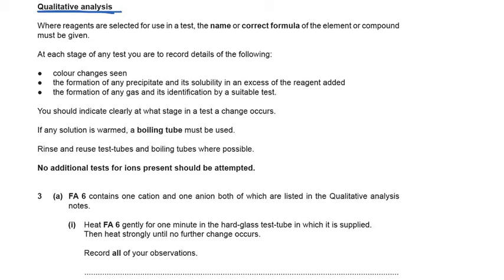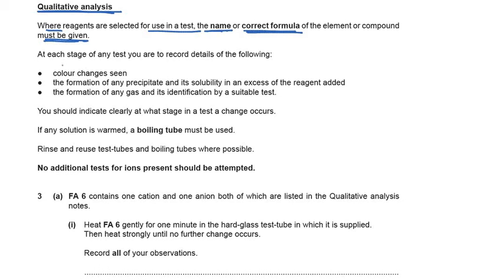Now, these are the important points we should take care of. When the reagents are selected to use in a test, the name or the correct formula of the element or compound must be given. So we need to write either the name or the correct formula of the reagent we are using.